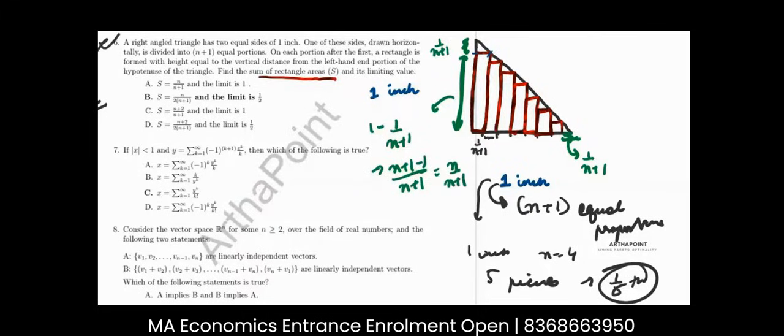And what is left here? I know that this width was 1 upon n plus 1. So this will also be 1 upon n plus 1. Which means that this length will be 1 minus 1 upon n plus 1, which will be n plus 1 minus 1 upon n plus 1, which will be n upon n plus 1.